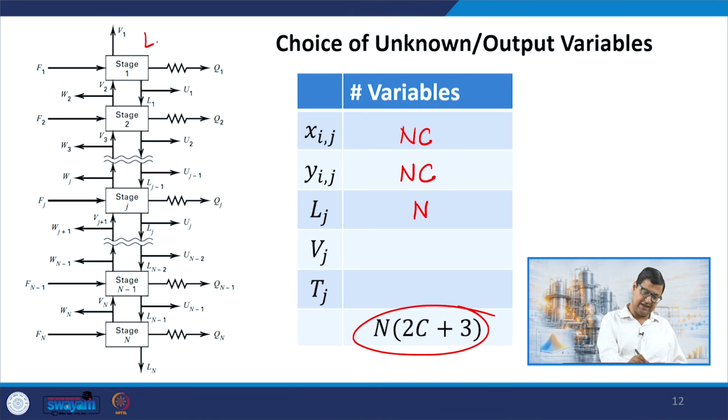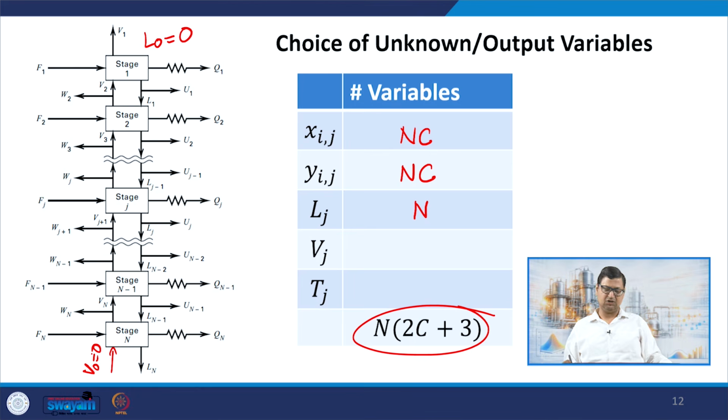Keep in mind that L naught is also 0. There is no liquid coming from the top, right? And there is no vapor coming from stage n. So my V naught is also considered 0 here. So Vj is going from V1 to Vn, that is also n, and temperatures I can define for every stage, that is also n, right?